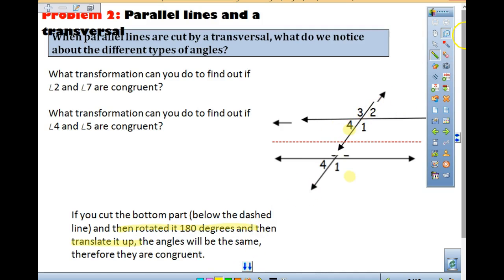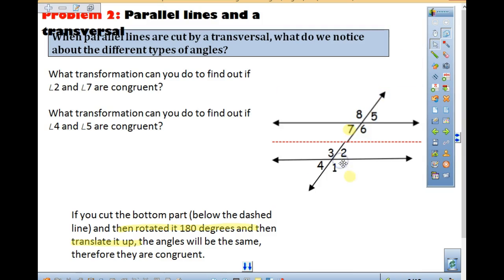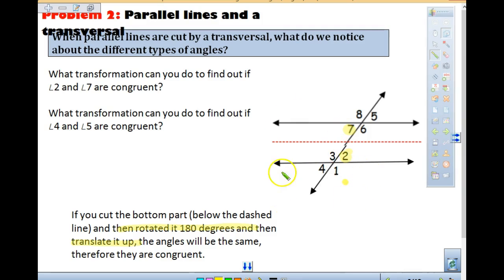So if I look at that original picture, and I would have taken the 1, 2, 3, and 4, and I'm trying to look at those angles, the reason that 2 and 7 are going to be congruent is that they are going to be a 180 degree rotation, and then we would translate it up. So if I rotate this 180, those two will be congruent.